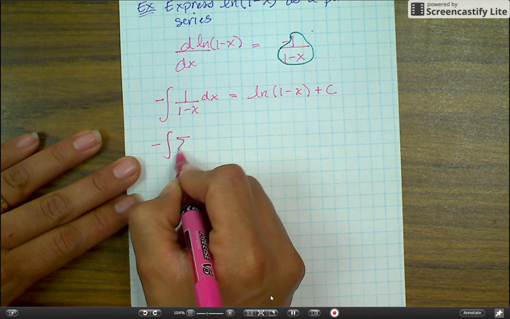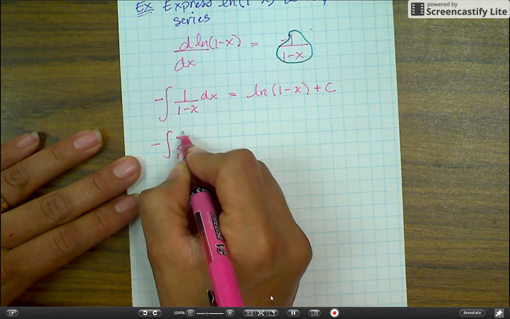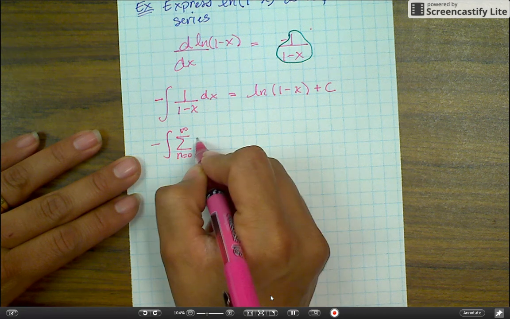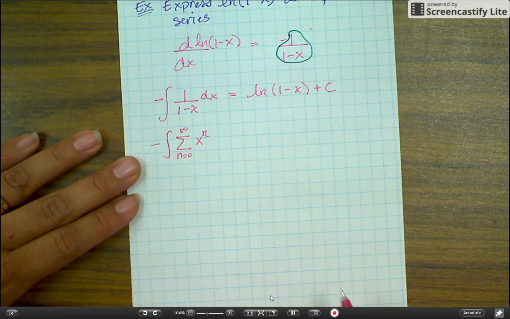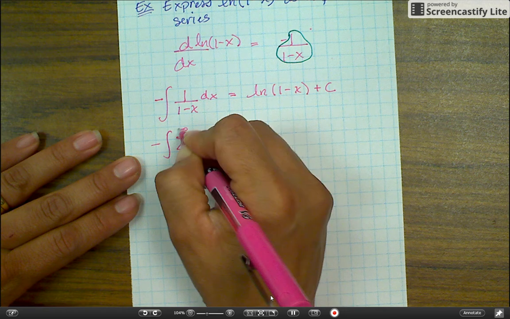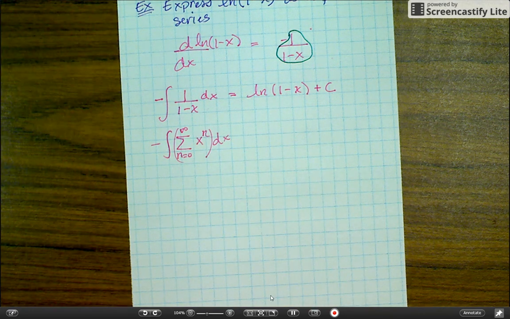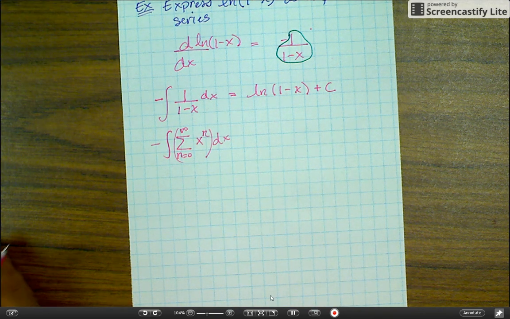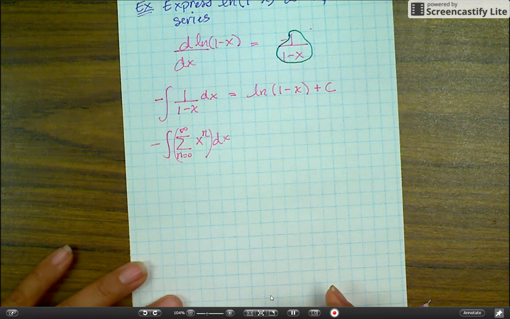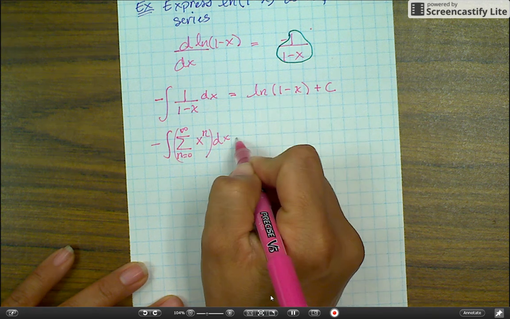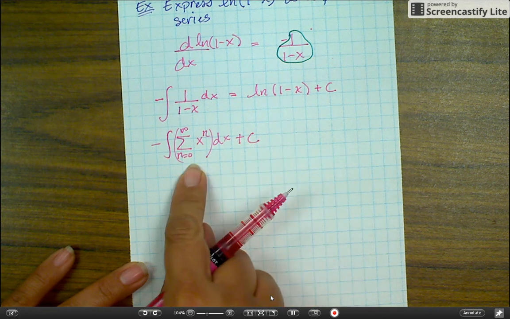This is the sum n equal to 0 to infinity of x to the n dx. I should add plus c. And then we just integrate this.